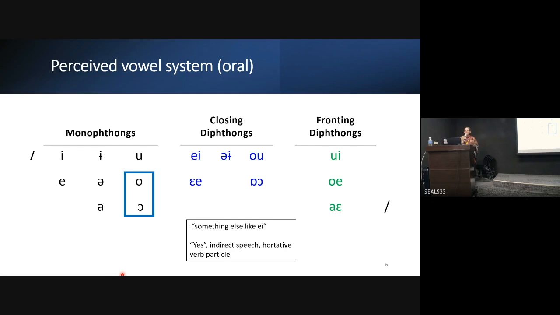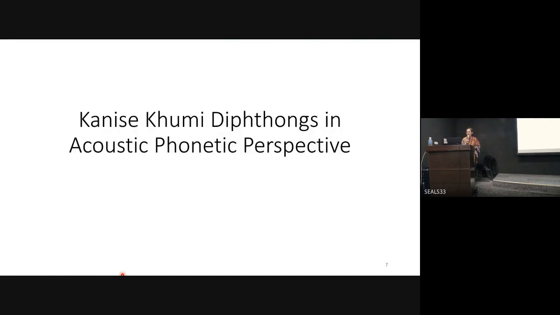There's something else like A, but it only occurs in one version of the word yes, in indirect speech, and in hortative verb particles. So it seems to be some kind of pragmatic lengthening, perhaps, and we don't have acoustic data for that to talk about today. It's something we're still exploring.